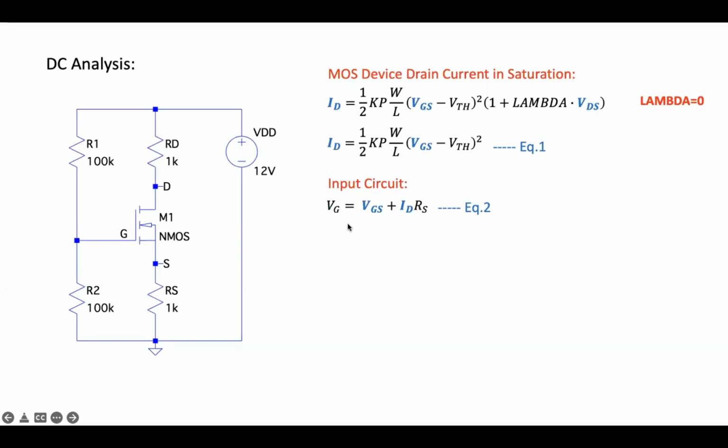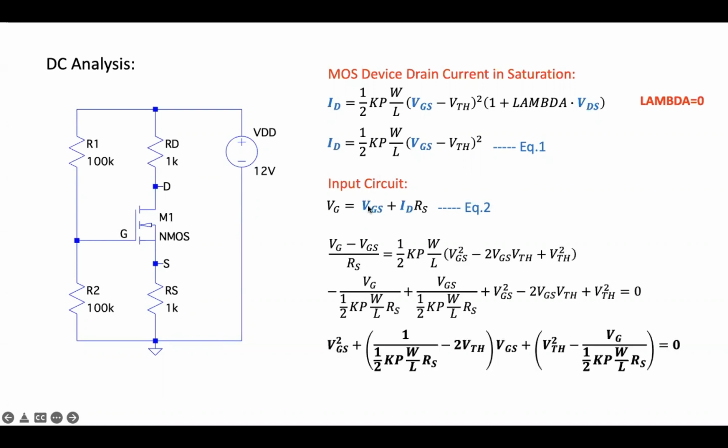Then for our input circuit, still would be the same. VG equals VGS plus ID times RS. So you have two equations, two unknowns. Use your algebra to arrive at a quadratic equation. So you have VGS squared plus A times VGS plus B equal to 0.